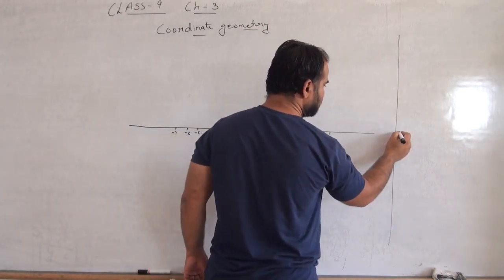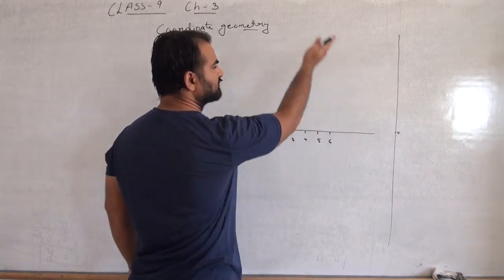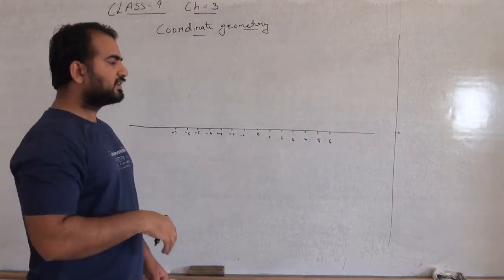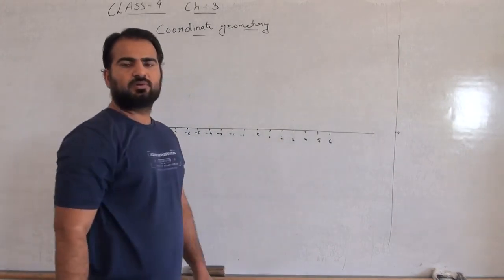Now if we draw a line like this vertically, this will be the origin, with positive numbers on the upper side and negative numbers on the lower side.